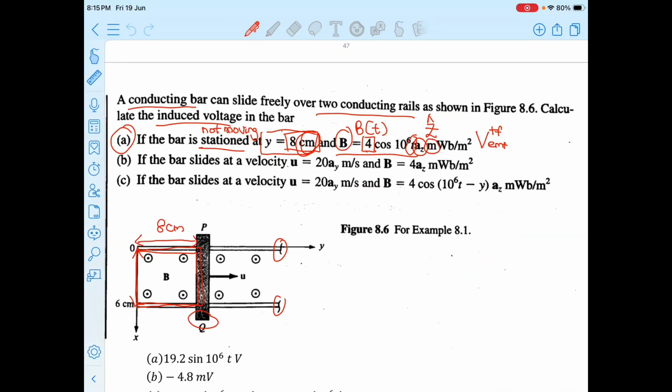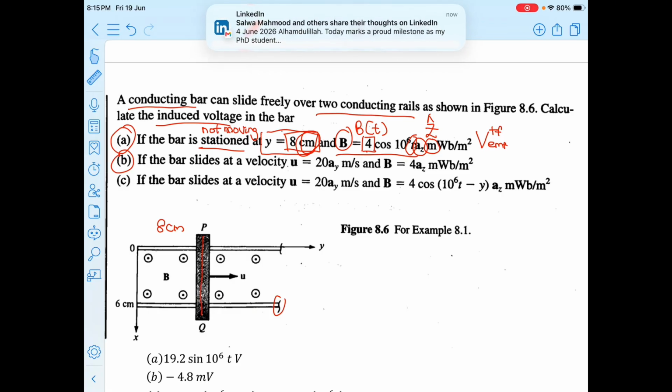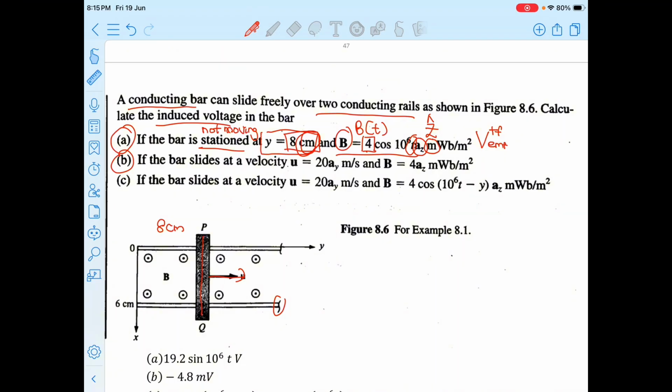Alright, so now let's look at question B. Imagine the bar slides at a velocity u equals 20 y. So now you have this sliding bar, and you slide it at a velocity 20 in the y direction, and the B is in the z direction, 4 milli in the z direction.